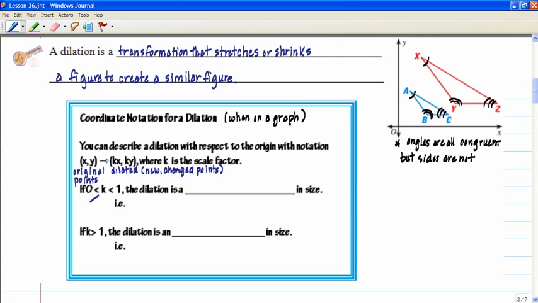If k is a fraction between 0 and 1, then that's going to make things smaller. It'll be a reduction in size.